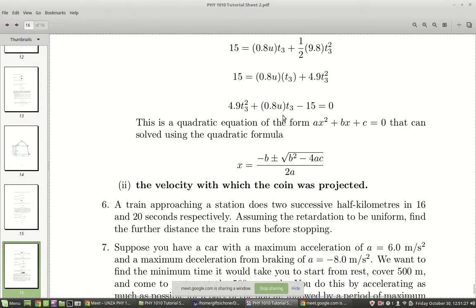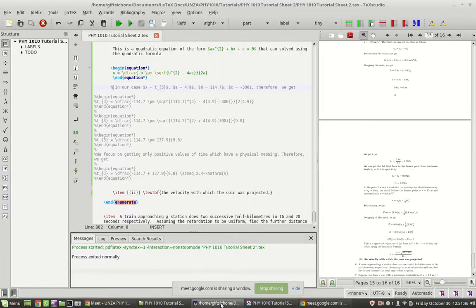Okay, so here T3 is like the x, the a is 4.9, the b is 0.8u, then the c is minus 15.